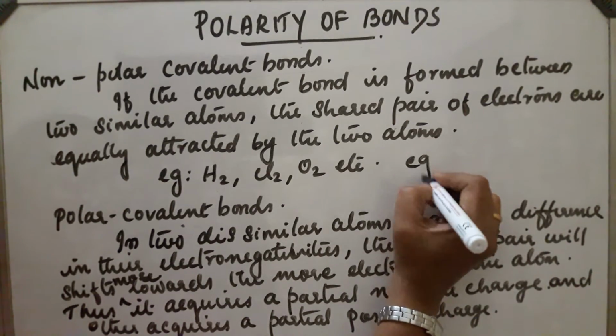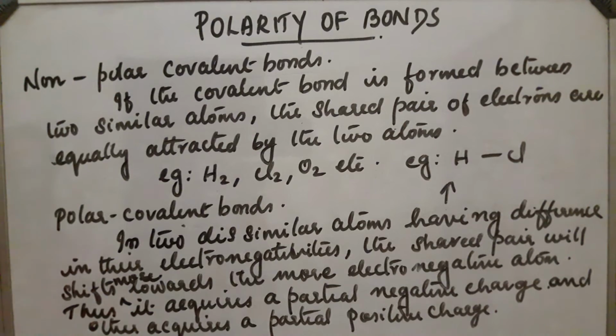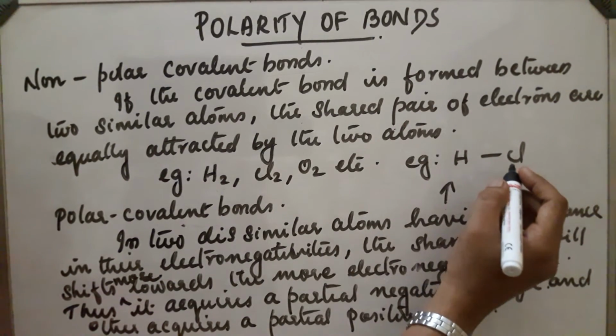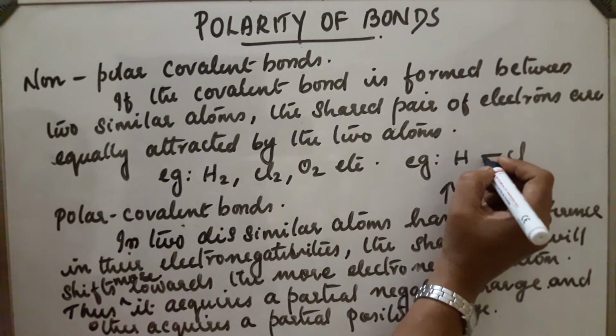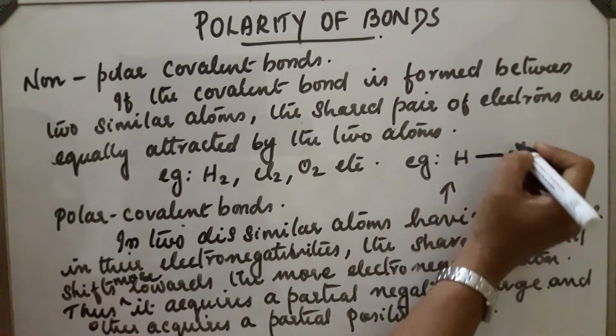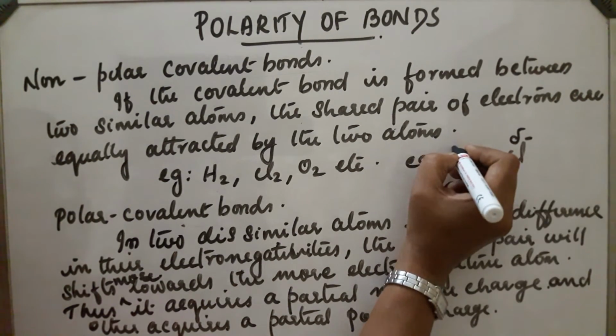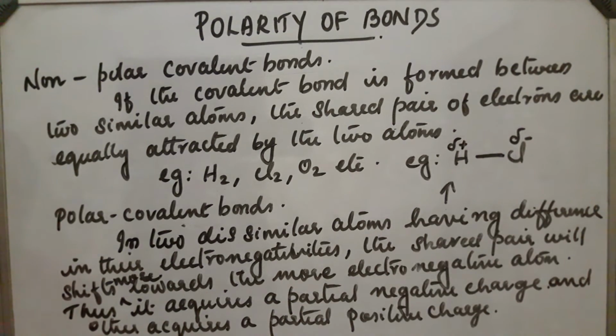Example is HCl. In the case of HCl, there is a difference in electronegativity between the two atoms, and chlorine is more electronegative. So, this electron pair shifts towards the more electronegative chlorine atom, and it gets a negative charge, and hydrogen gets a positive charge.